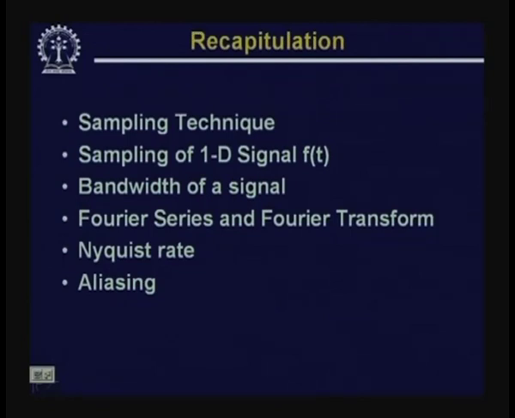This minimum sampling frequency, which has to be twice the bandwidth of the signal, is known as the Nyquist rate. And we have also said that if the sampling frequency is less than the Nyquist rate, that is, less than twice the bandwidth of the signal, then what occurs is known as aliasing.